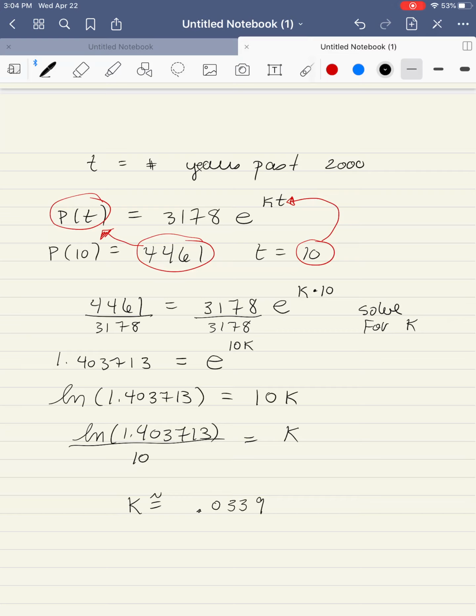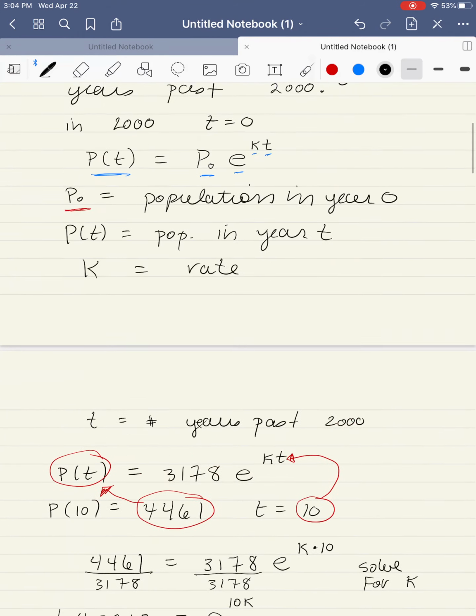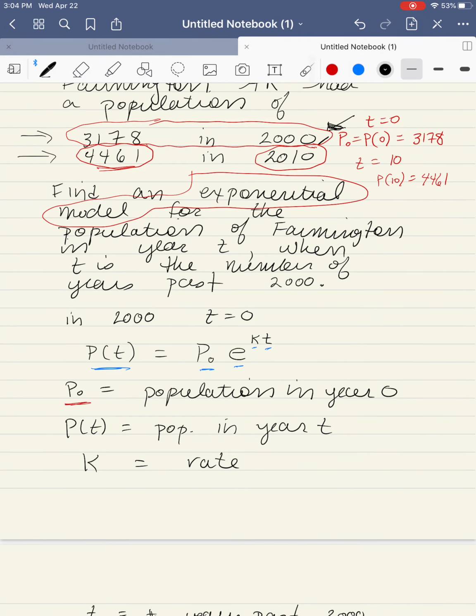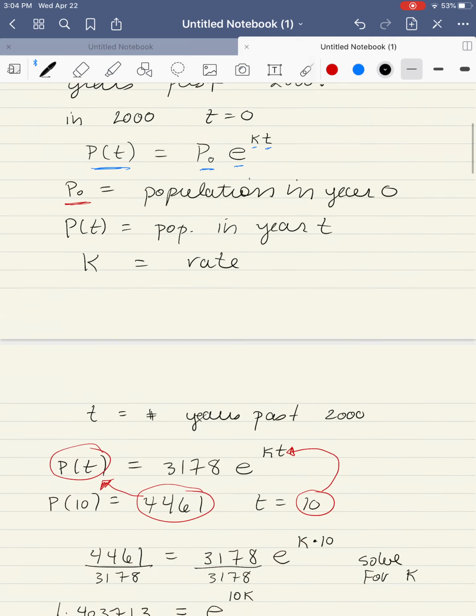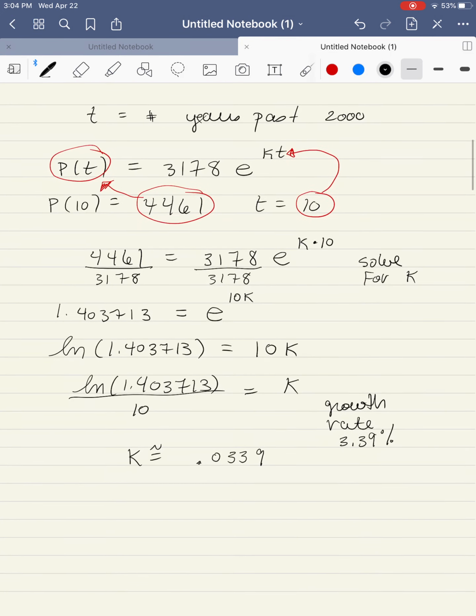And I'm going to get 0.0339. And then there's a 1 after that, so it stays at 9. And if I ask for the growth rate as a percent, it would be 3.39%, because remember, you move the decimal to the right 2 places.